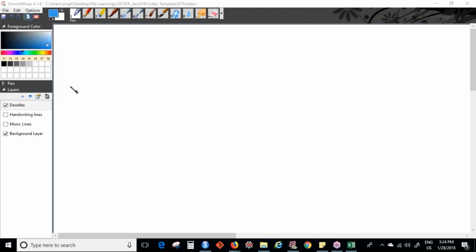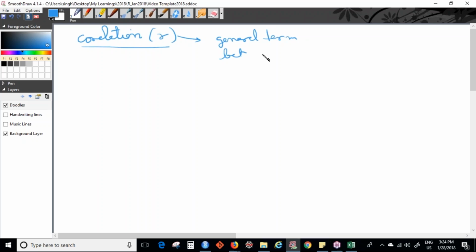So let me explain again the correlation that we saw. The correlation small r that we saw is a general term between any two variables, not just between dependent and independent.